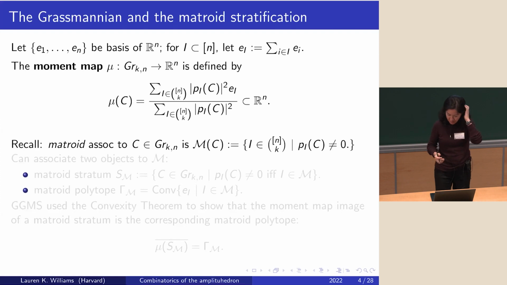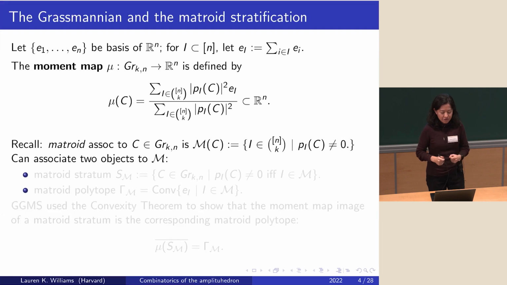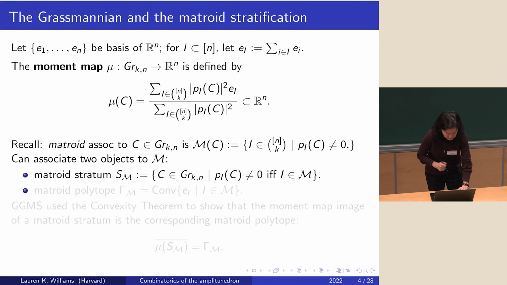Okay, so remember our matroid associated to a Grassmannian element was just the k-element subsets where the Plücker coordinates are non-zero. And now there's 2 ways that we can associate objects to this matroid. One is the matroid stratum that I told you about, the collection of elements in the Grassmannian where Plücker coordinates are non-vanishing if and only if I belongs to the collection.